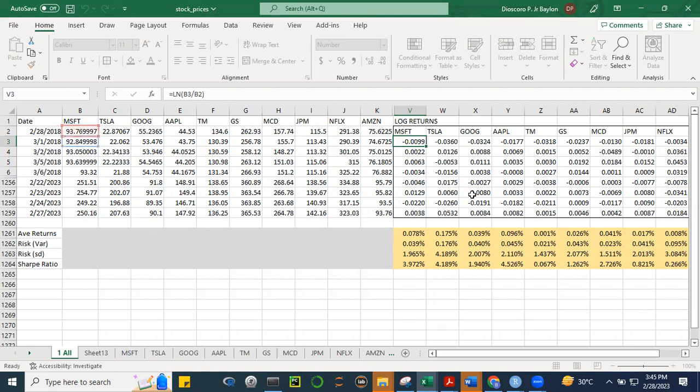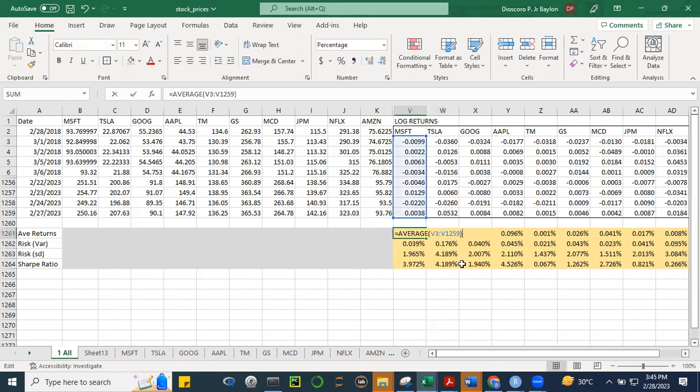So we get the ln of that, copied it. Each of these are actually the ratios of the natural log. And then we got the average, which is just the average of all the log returns.